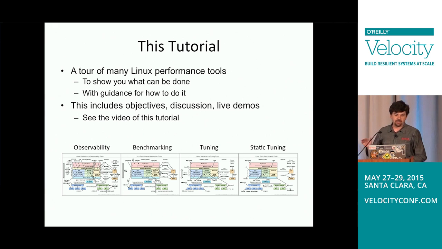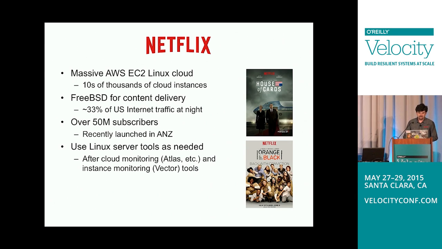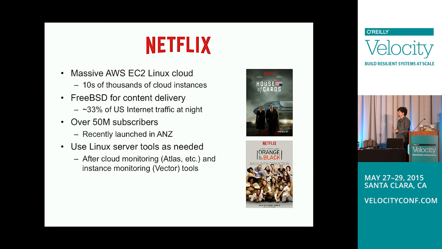So as part of this tutorial, I'm going to go through objectives, discussion, and some live demos. I work at Netflix. It's an awesome company to work for. We have a massive AWS EC2 cloud. And one of the things that really excites me about Netflix is our culture of freedom and responsibility. It's also something that's often discussed on various forums about culture at different companies, especially in the US.